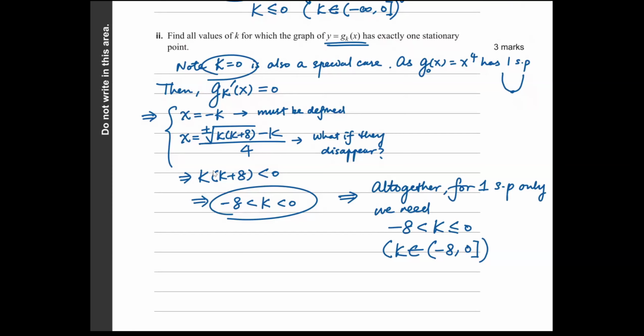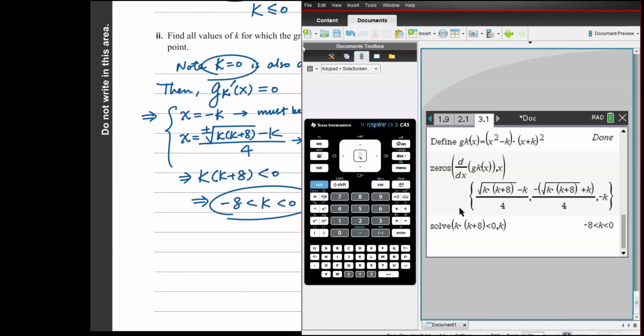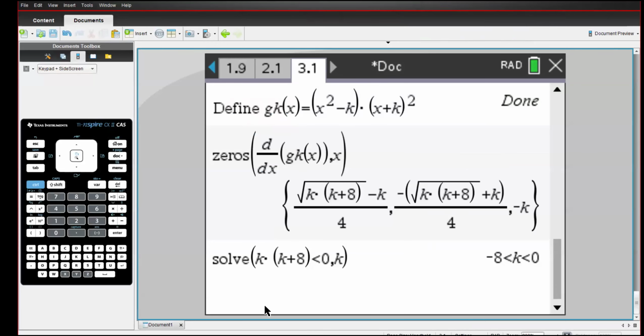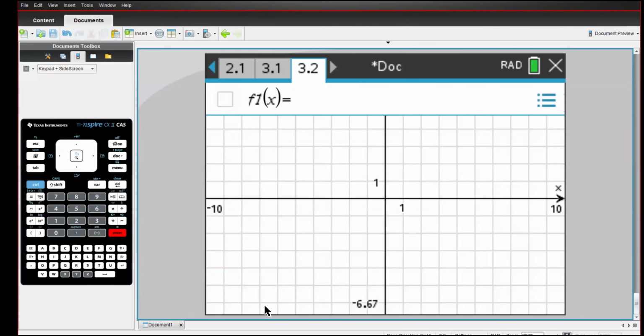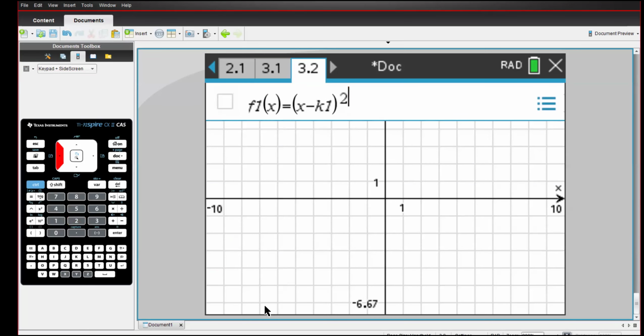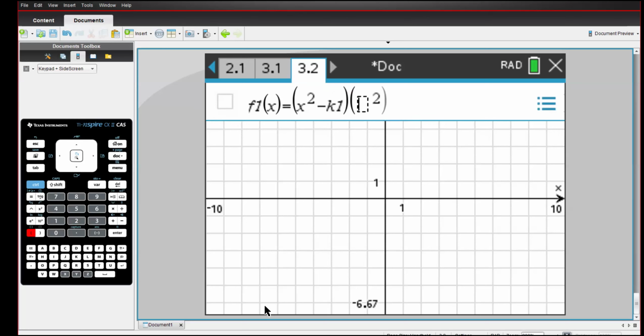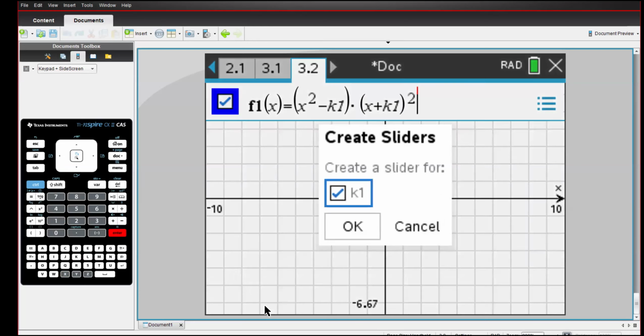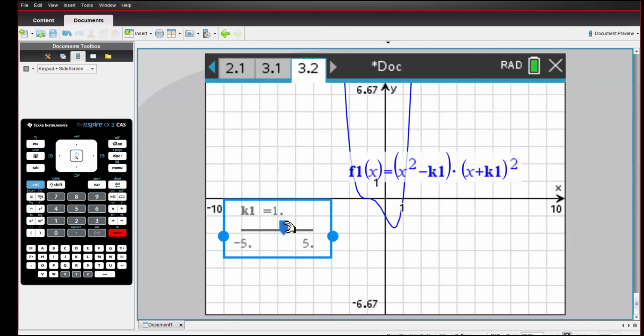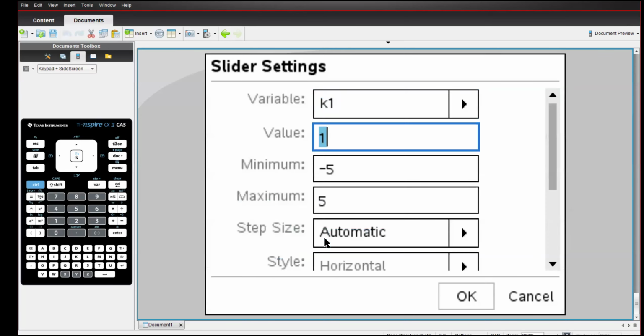Well, I can show you what happens. For example, create a slider.